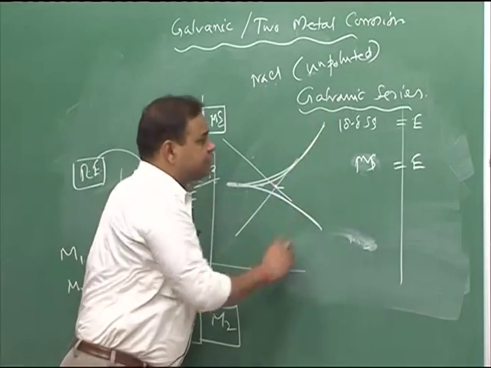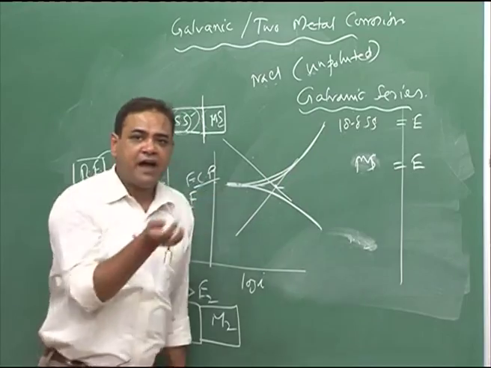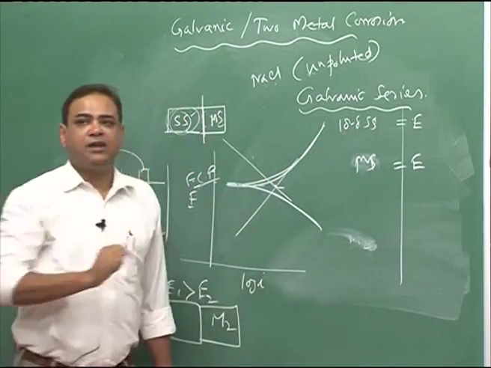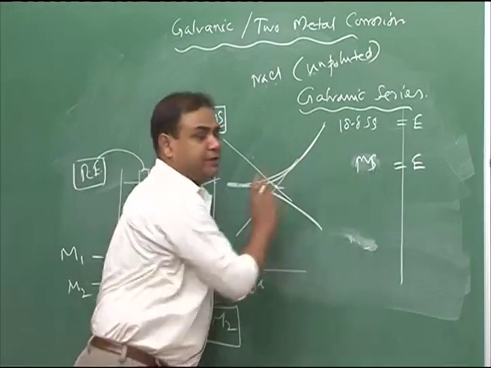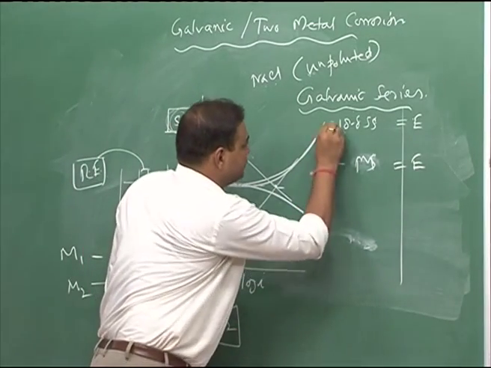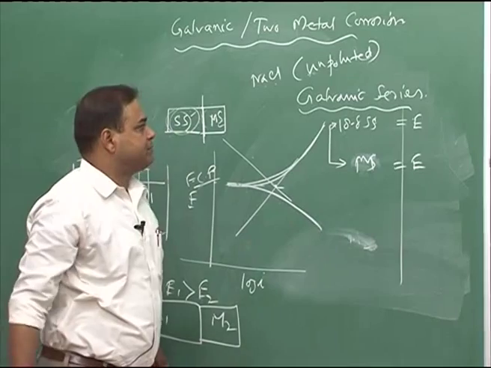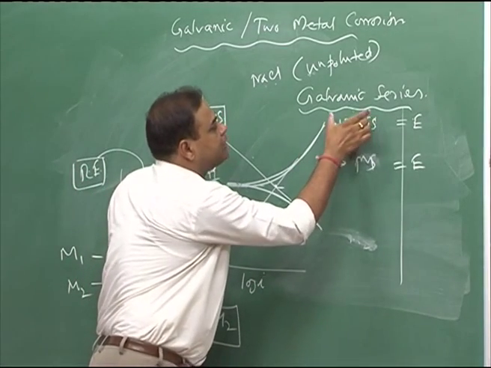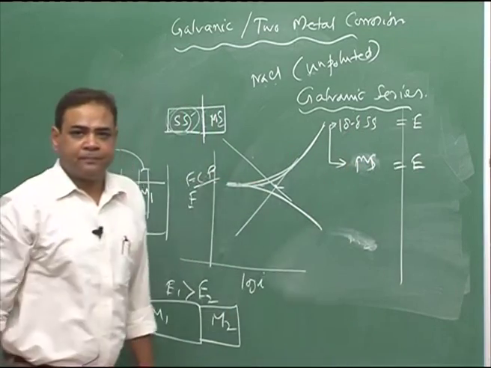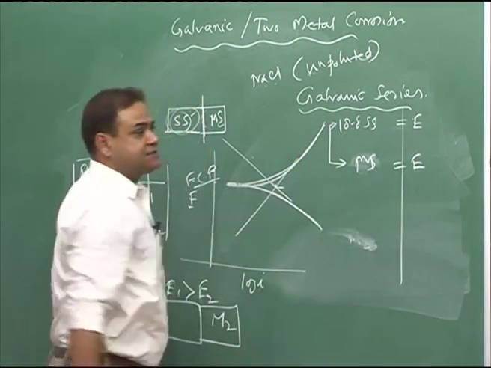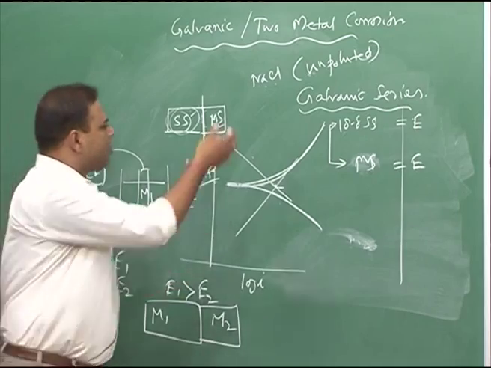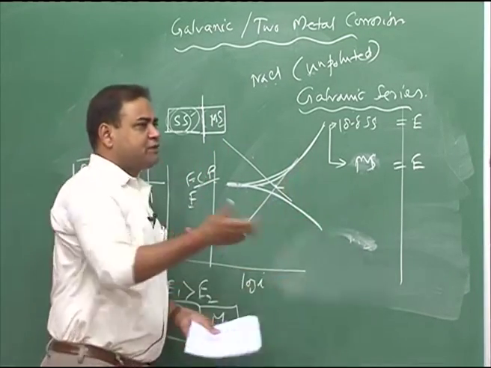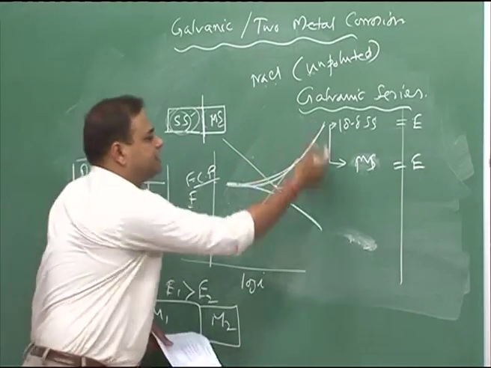In the galvanic series, the metal which has a higher position than the mild steel is the noble metal compared to the other metal. So, if we have a galvanic coupling between 18-8 stainless steel and mild steel, then always the stainless steel will not corrode, and the mild steel will corrode. This is the essence of the galvanic series. Like that you can place all the metals and alloys as you want, and you can form a galvanic series.